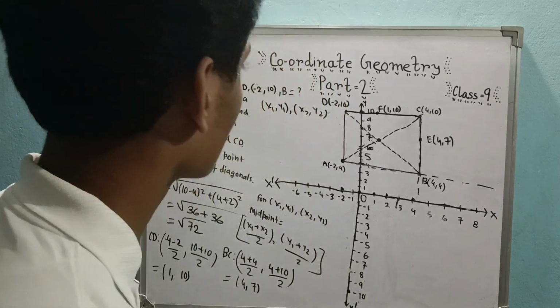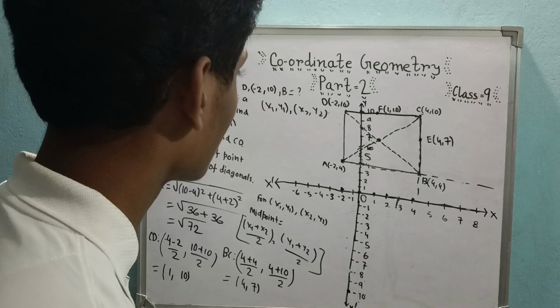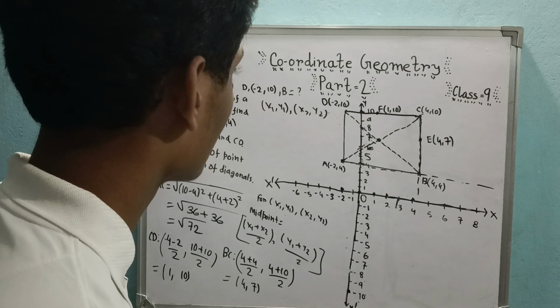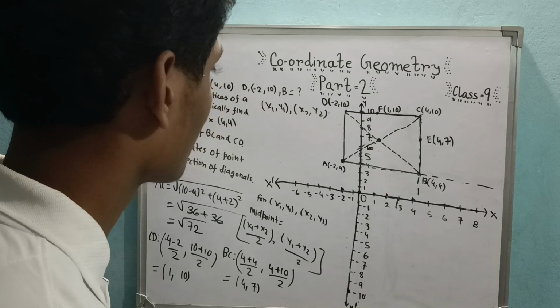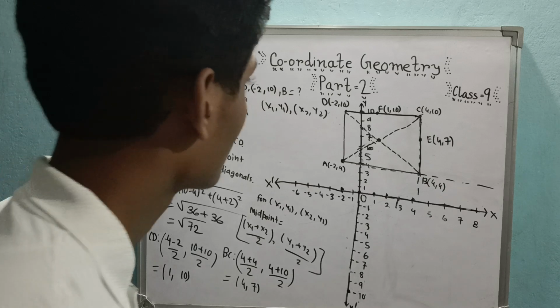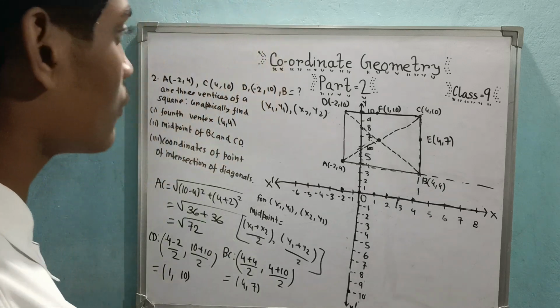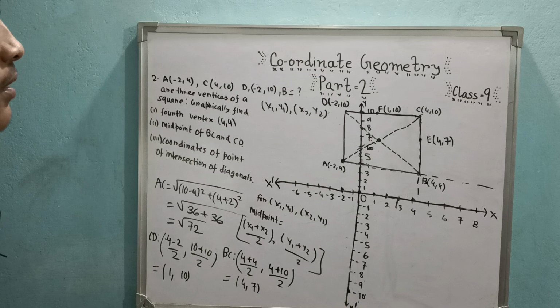So they are intersecting here. I am just confused with CD's midpoint here a bit.